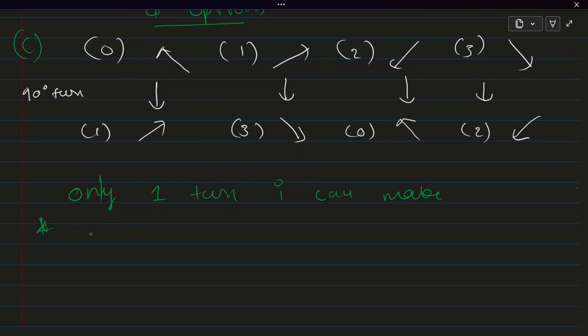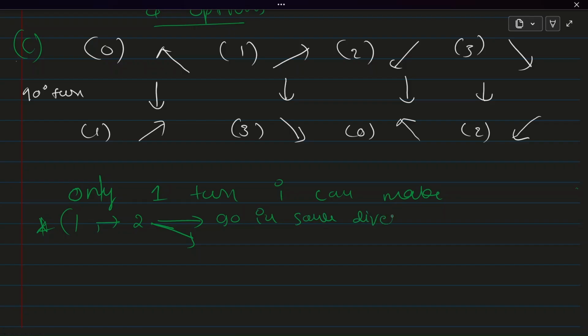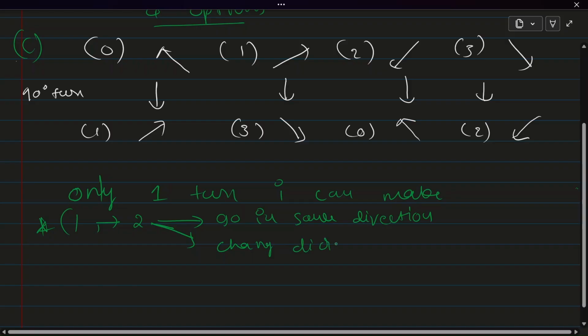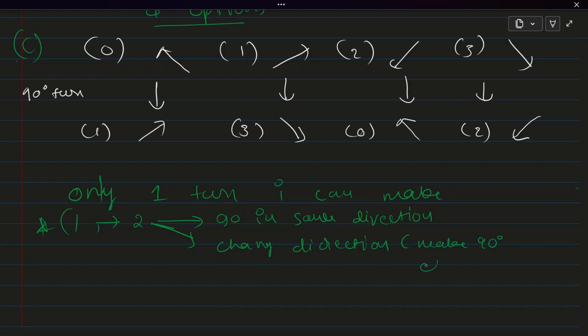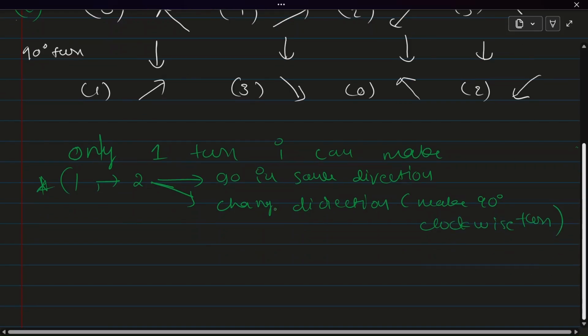As we have seen before in that example, after I select one, imagine I got a 2. From this 2, I have two options, right? One is to go in the same direction or change direction, that is, make a 90-degree clockwise turn. These are the two options here.